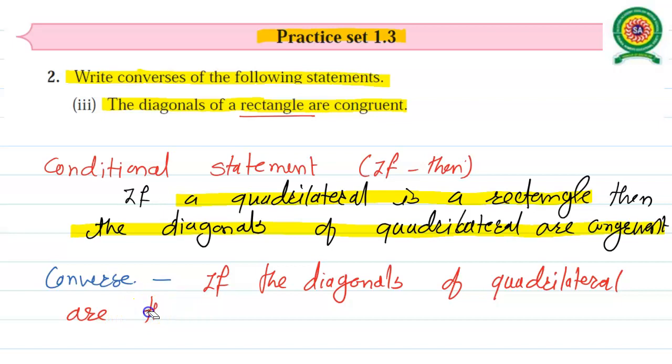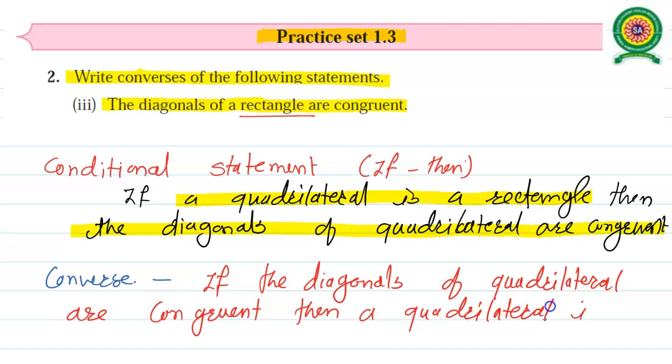Then the quadrilateral is a rectangle. Like this, we have done practice set 1.3. Thank you.